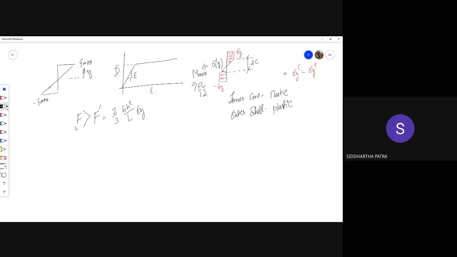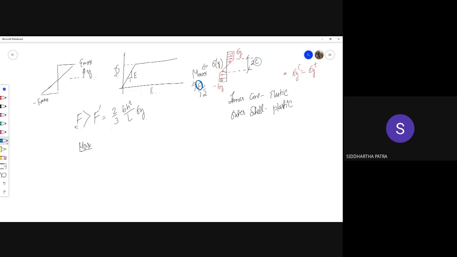Now, F has gone beyond that critical value at which the yielding starts. So F has gone beyond F prime. Now, how do you relate between these two quantities, this F right here and this C right here? That means the size of the inner core and the applied force.